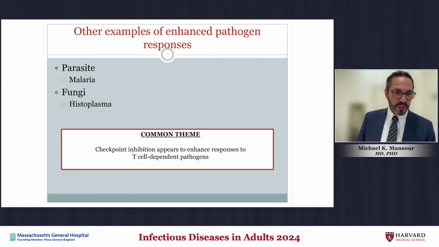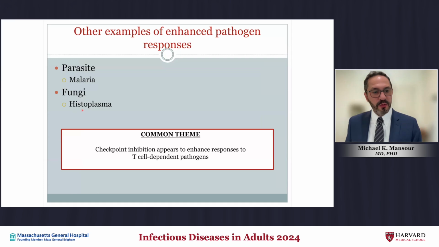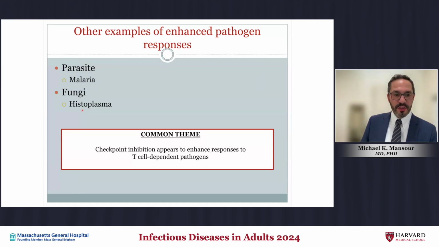Other examples, which I don't have time to really go into at this time, include checkpoint inhibitors against malaria. We have examples of histoplasma responses using checkpoint inhibitors. So I guess the take-home message here is that checkpoint inhibition appears to take away the brakes, give you a really profound augmented T cell response, which clearly has become a mainstay in oncology.